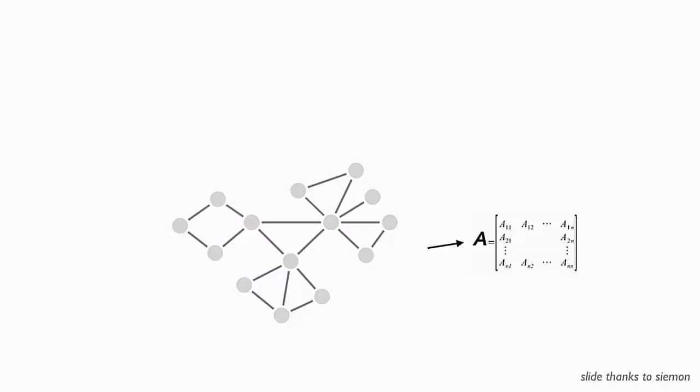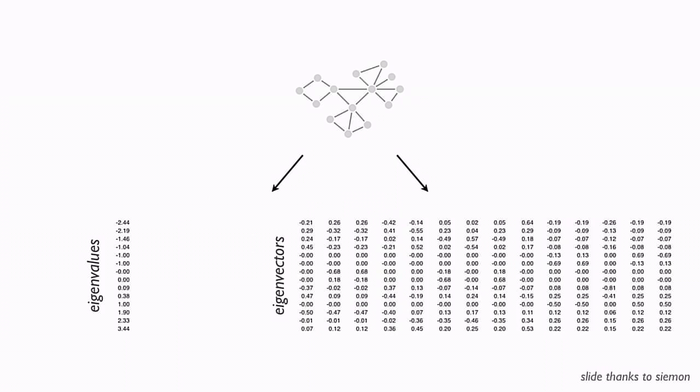Now, one way to mathematically formalize this is in the following way. If we have a graph, we can represent that in terms of an adjacency matrix, right? We've talked about that in the previous lecture. The adjacency matrix simply captures the amount of connectivity between every one of the nodes. Now, given that it is a matrix, we can do an eigenvector decomposition of that. Basically, if we do that, we get a collection of eigenvalues and eigenvectors describing the complexity of the network.